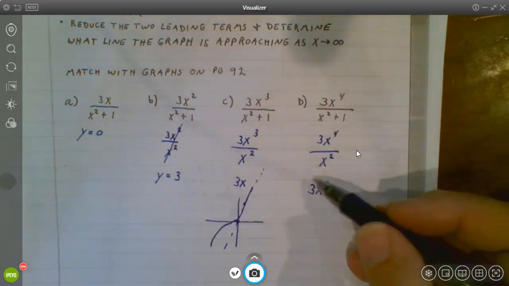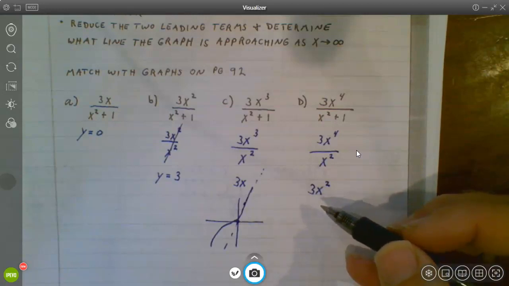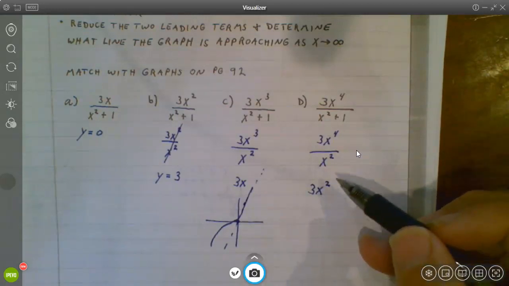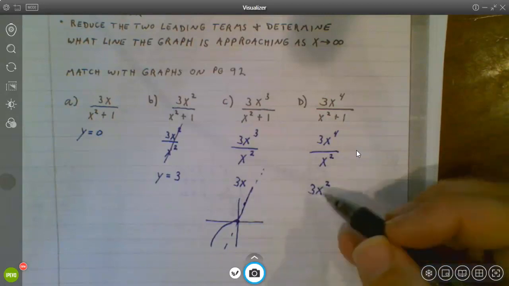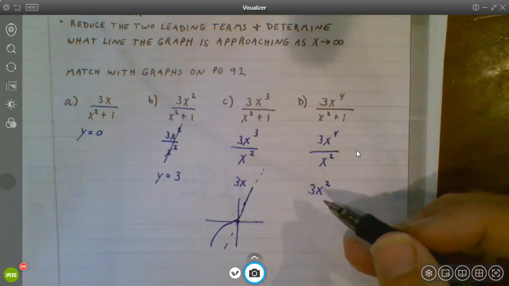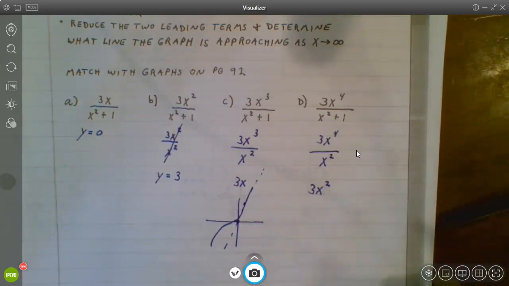Well, that's not linear, so my graph is not approaching a line. Asymptotes are always linear. If this is a quadratic function, which it is, then there is no asymptote that this one is approaching. As far as end behavior goes, this one is not approaching a line. It must be approaching infinity. If it's not approaching a value, then it's got to be approaching infinity.